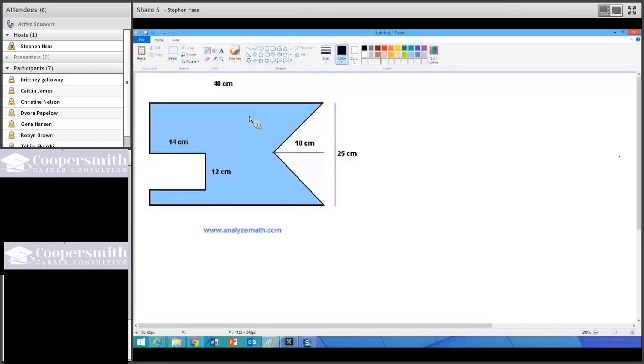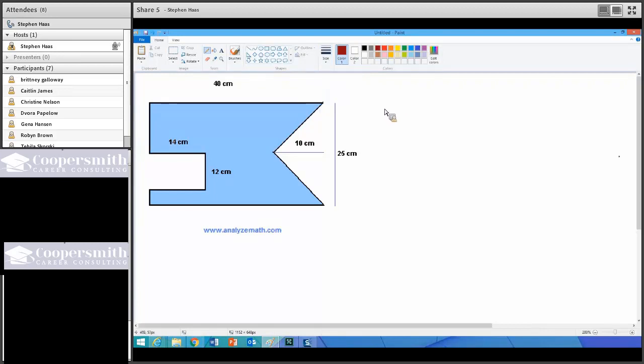Our job, should we choose to accept it, is to figure out the area of the blue region. Who has confidence that we can figure out the area of the blue region? All right. Looks pretty complicated, right?